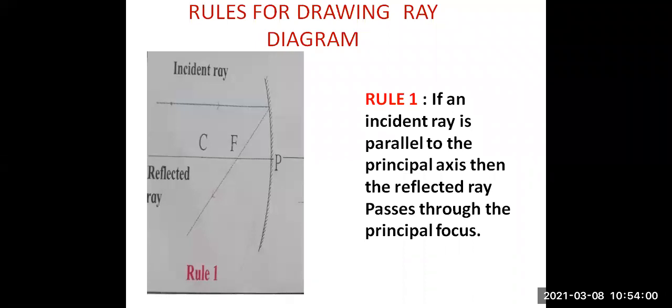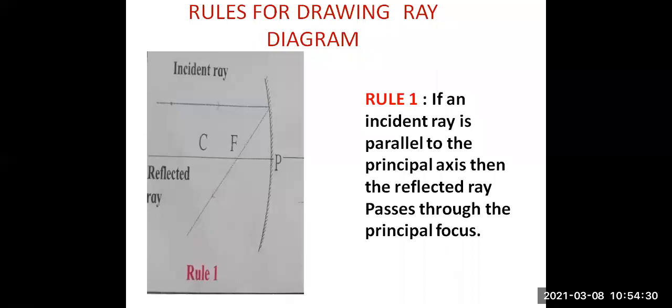So when the incident ray is parallel to the principal axis, the reflected ray, a ray which is having an arrow outwards from the mirror, passes through the principal focus. You can see that the reflected ray is passing through the point capital F, that is the principal focus.